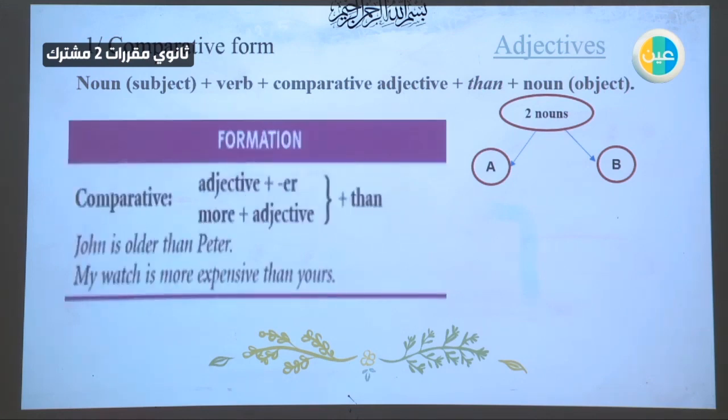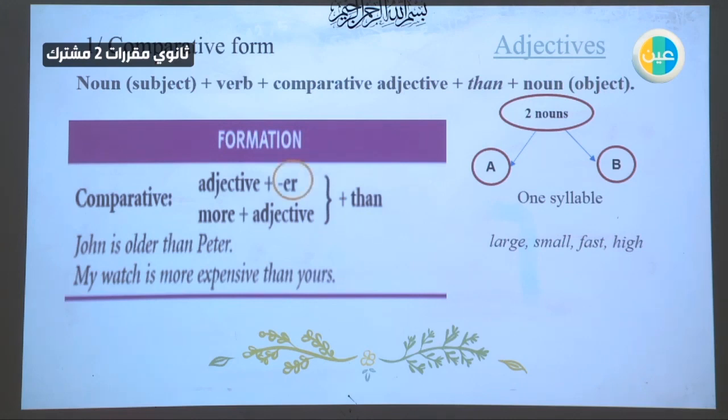Now, to be able to compare, we have to go through the adjectives themselves. Now, we have many kinds of adjectives. In this module, we're going to take three of the most known or most used adjectives. If you have one syllable, like for example, large, small, fast, high, that kind of adjective is called one syllable adjective. It's short.